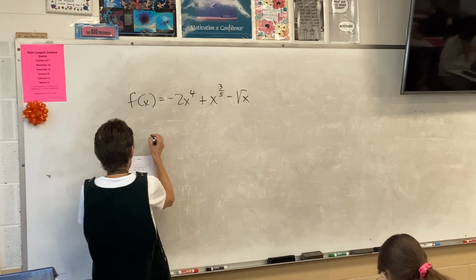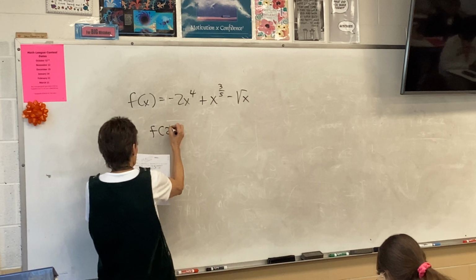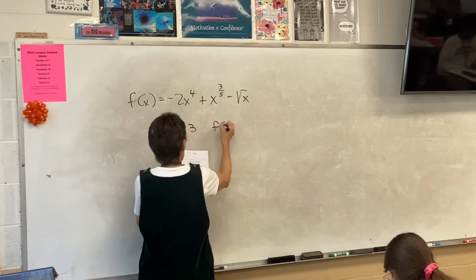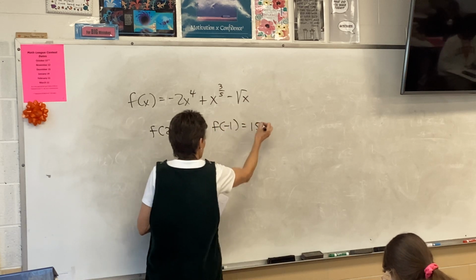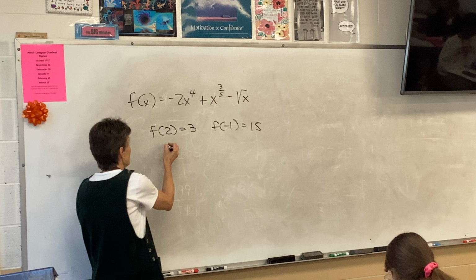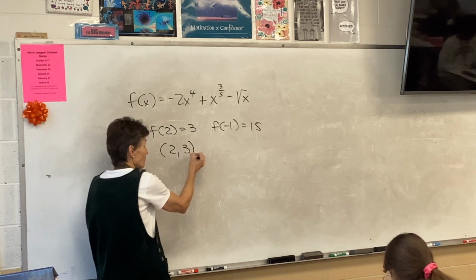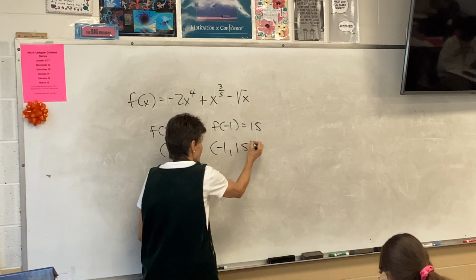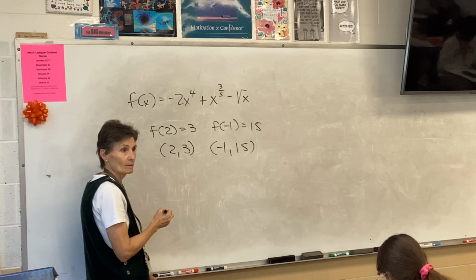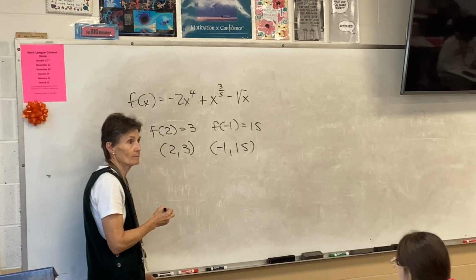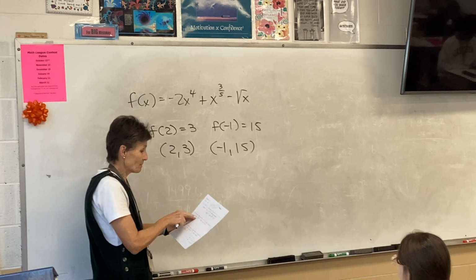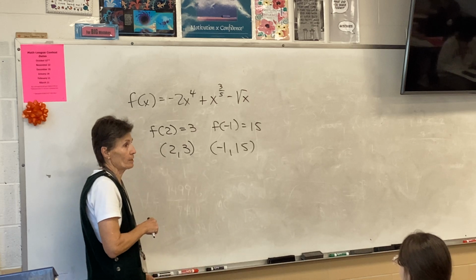All right, number 2. Remember that f of 2 equals 3 and f of negative 1 equals 15 means what? 2 comma 3, negative 1 comma 15. These are ordered pairs. Your job is to write the equation of a linear function.